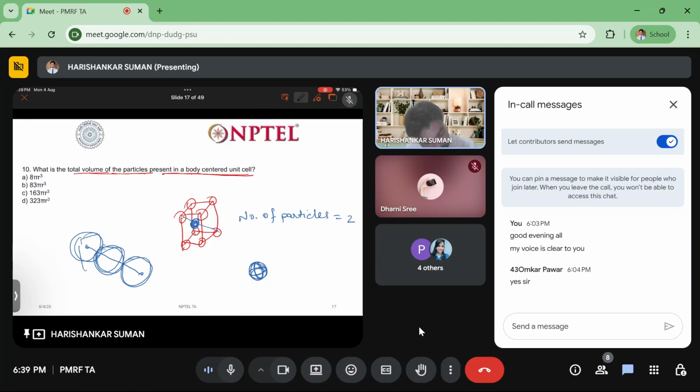This is radius r, this is 2r and r, 4r total. And this is the diagonal of the cube, root 3a.